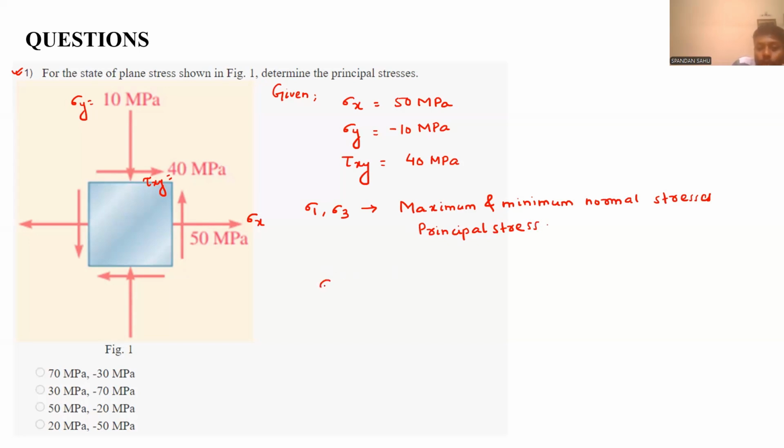So we know sigma 1 and 3 can be written as sigma x plus sigma y by 2 plus or minus, where this plus represents maximum normal stress and minus represents minimum normal stress. So combinedly, this is the form it is written, or else let me write it the other way.